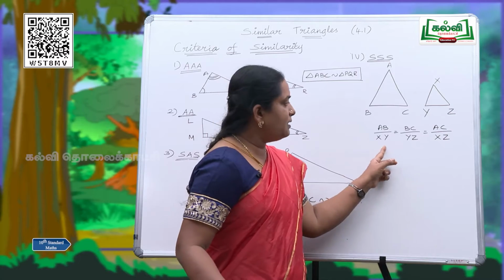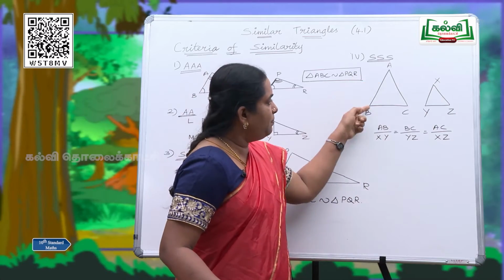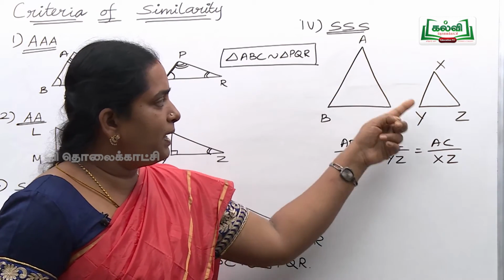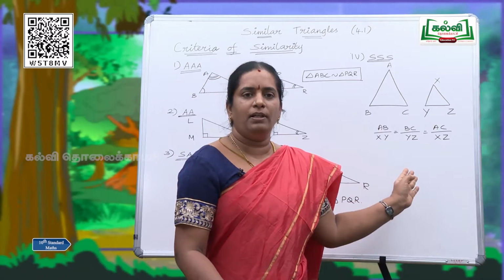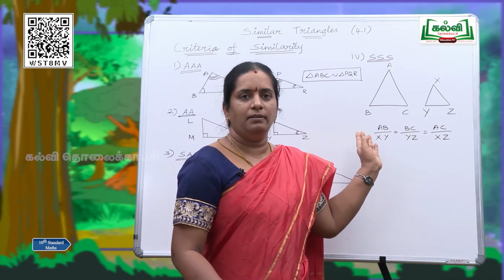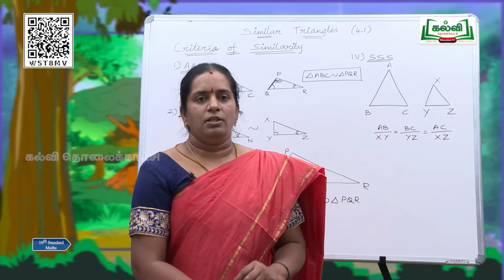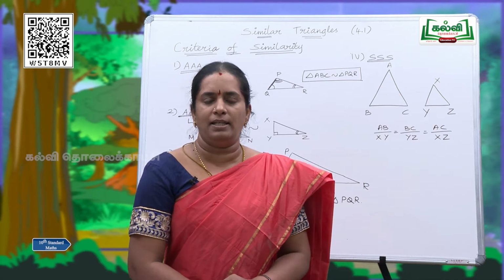So since the sides are in the same ratio, that is AB by XY and BC by YZ and AC by XZ are equal, we can conclude that under SSS criteria, these two triangles are similar. So you have to be very careful while using the SSS criteria and SAS criteria.